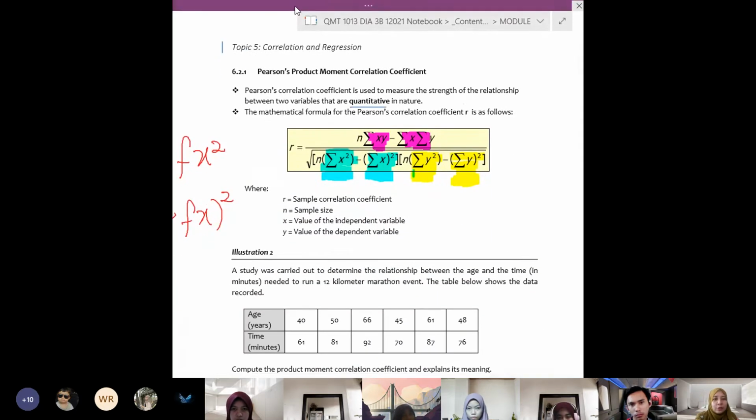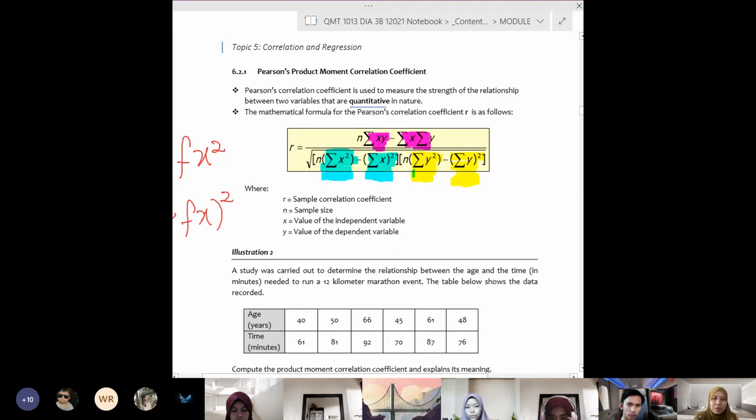So the formula that we have for this first method of correlation coefficient is given below, the one with the purple, turquoise and yellow colors here.